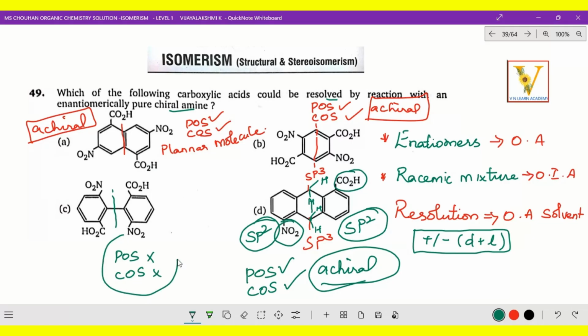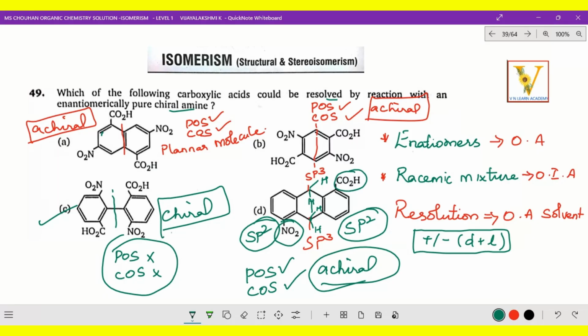So POS, COS absent means it's a chiral compound. Here the racemic mixture is converted into optically active components, that is called resolution. So which of the following carboxylic acids could be resolved by reaction with an enantiomerically pure chiral base? Option C is the correct option. I hope you got the clarity about this question.